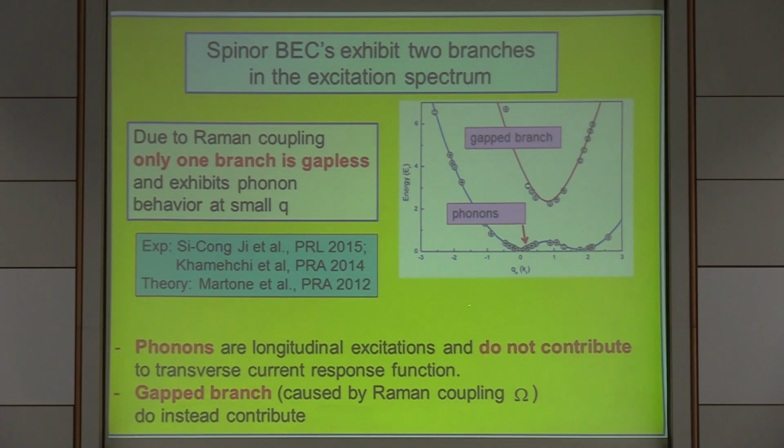The theoretical predictions for the dispersion of these two branches were carried out in these papers and were experimentally confirmed with Bragg spectroscopy experiments by the Chinese team in Shanghai.